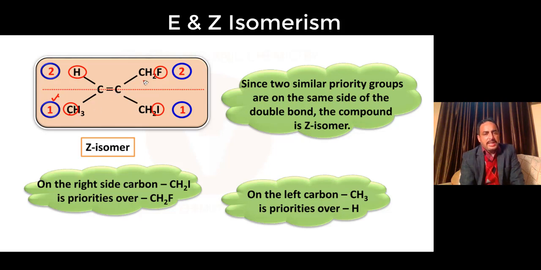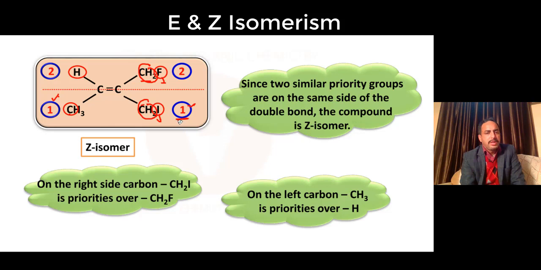Now, in the right hand side, see here, up to CH2, this is common. These 3 points of attachment are common, whereas the fourth point of attachment is iodine here, fluorine here. Now see, iodine has higher atomic number, so it will be more preferred.